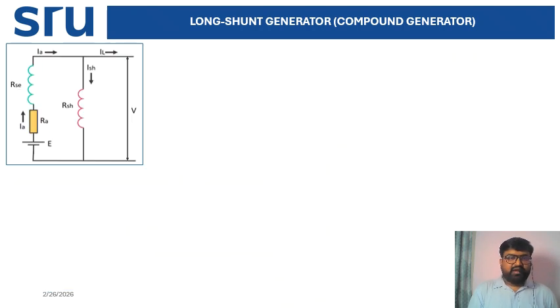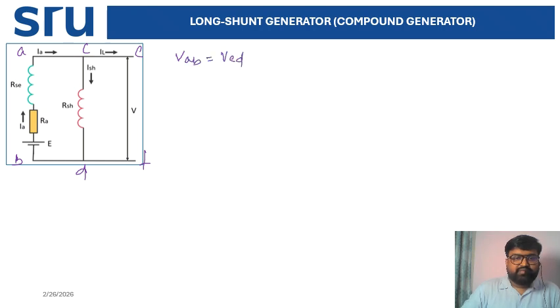Now the next slide is this slide. You see the current direction is already given, and as it is connected in parallel, first we are naming the points A, B, and C, D, and E. We know that in parallel connections, AB equal to BCD equal to BEF. Then, to avoid confusion, you can also write VAB, nothing but your armature voltage drop.